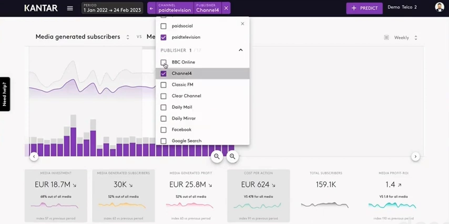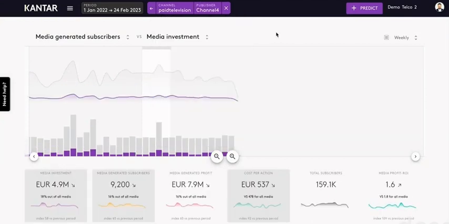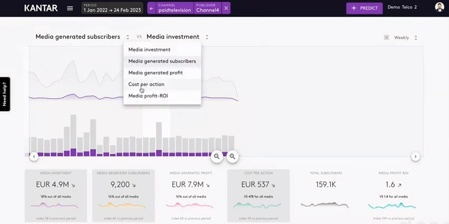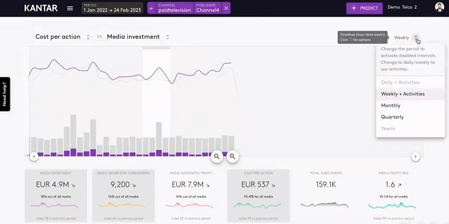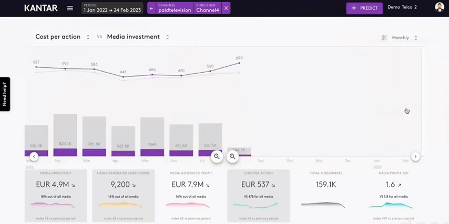Let's pick channel 4 here, and then let's look at media investments against the cost per action. Let's try to zoom a bit more in to get the data.